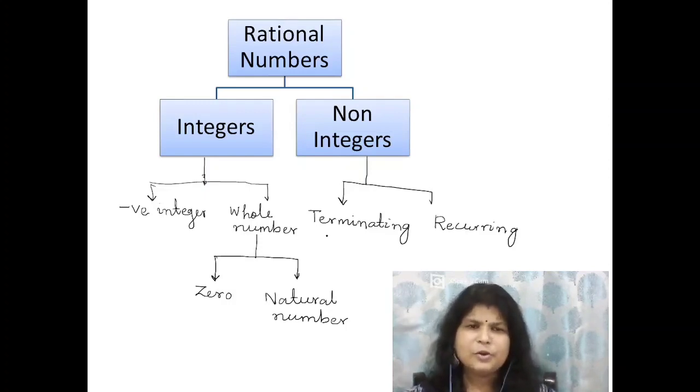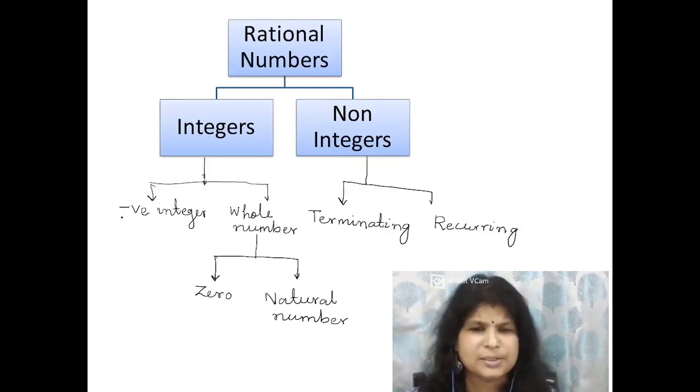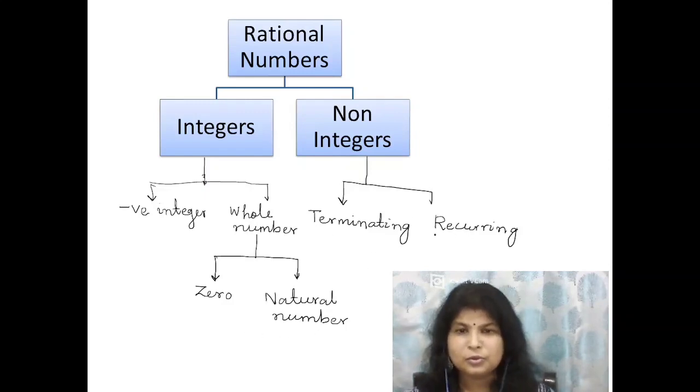Okay, so all these concepts are clear: what is a negative integer, what is a whole number, what is 0, what is a natural number. Now two new terms are being introduced, that is terminating and recurring.